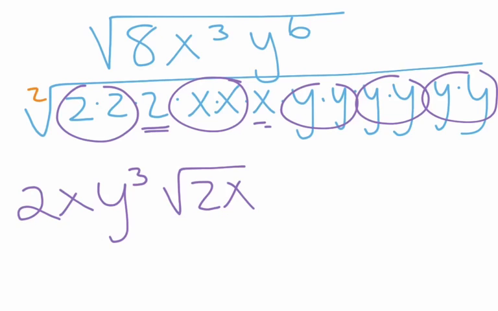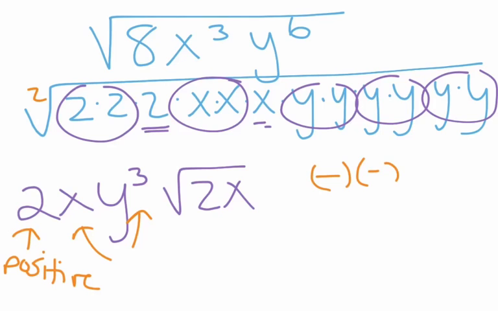So with the 2, I am confident that the 2 is positive, because I can see that it's positive. I don't know about the x, and I don't know about y cubed. When you cube something, you could get a negative. So x could be negative, but if you have a negative times a negative times a negative, that actually would give you a negative.